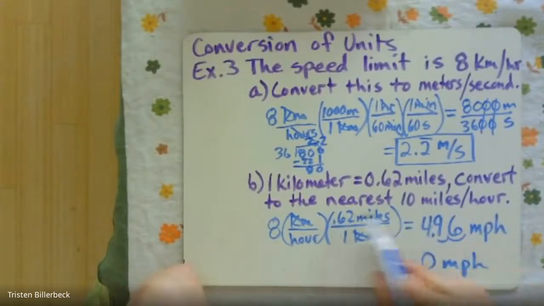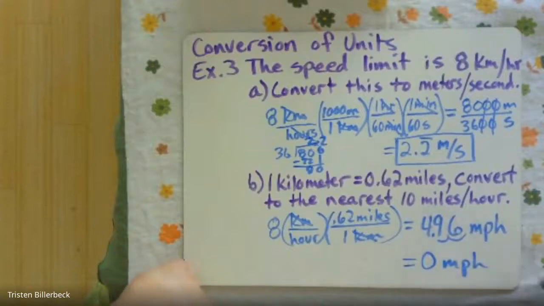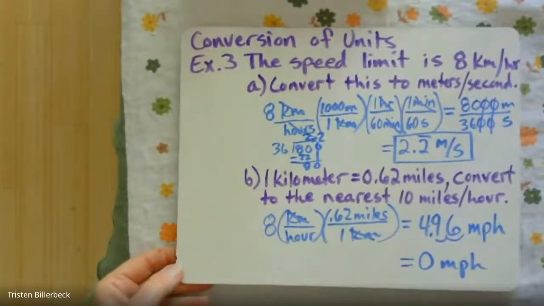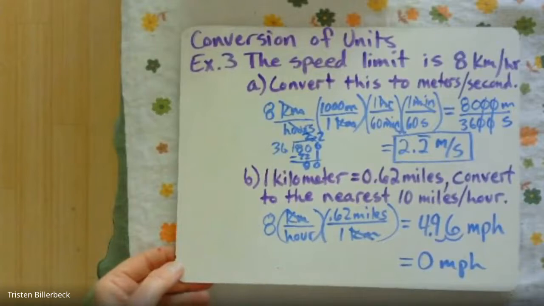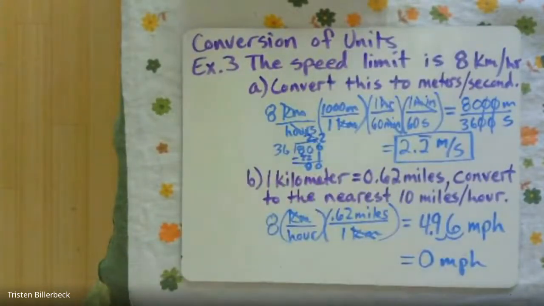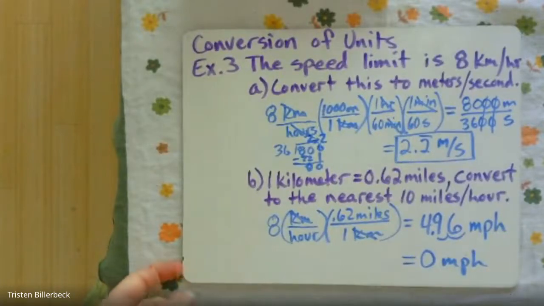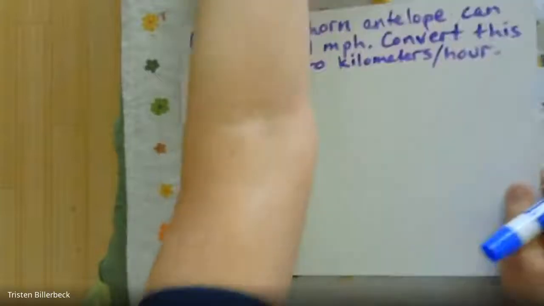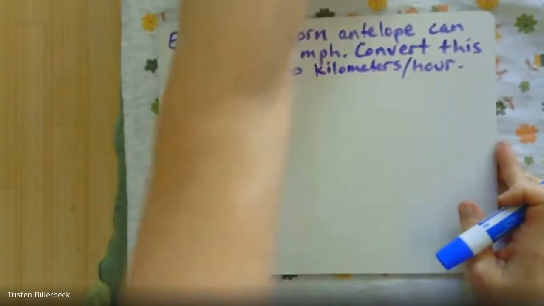That's what that would round to the nearest 10 miles per hour. It would be 0. Isn't that funny? Okay, well, I made a little mistake there. It was supposed to be 80 kilometers per hour, and I wrote 8. So that's why we had such a funny answer. But it's all the same number crunching.